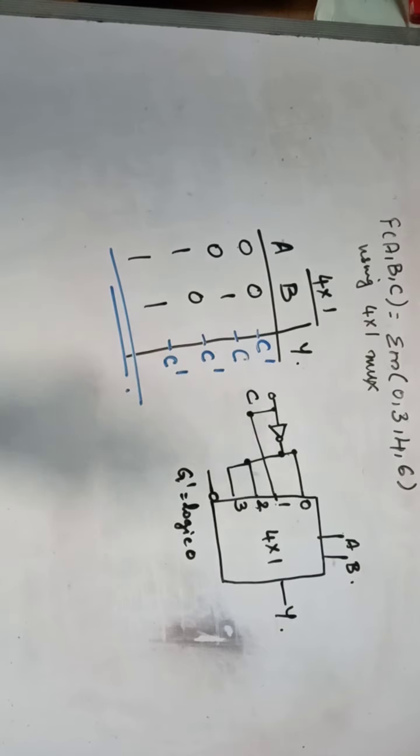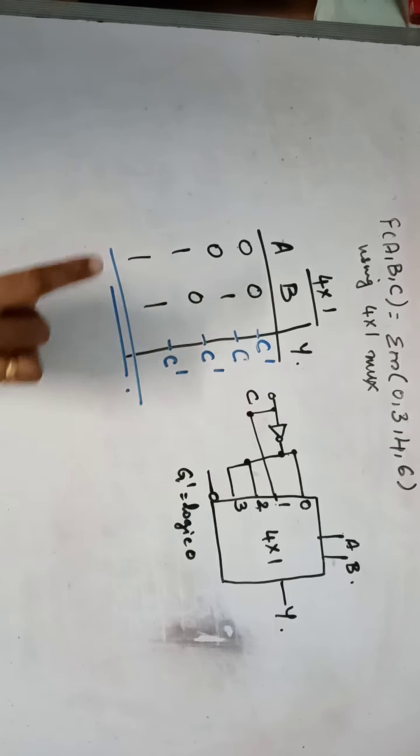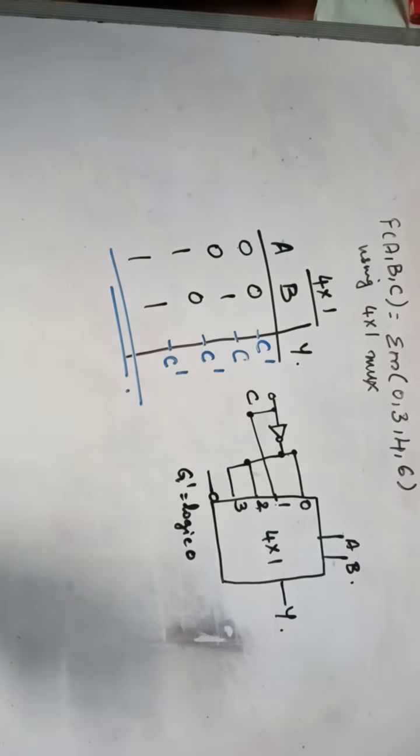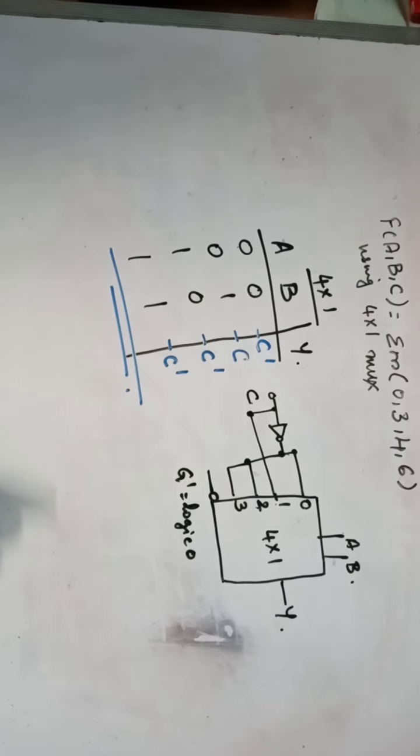Corresponding numbers of ABC I was grouping. So that is 0, 0, 0 and 0, 0, 1 I was grouping. 0, 1, 0 and 0, 1, 1 I grouped. 1, 0, 0 and 1, 0, 1 I grouped. 1, 1, 0 and 1, 1, 1 I grouped.